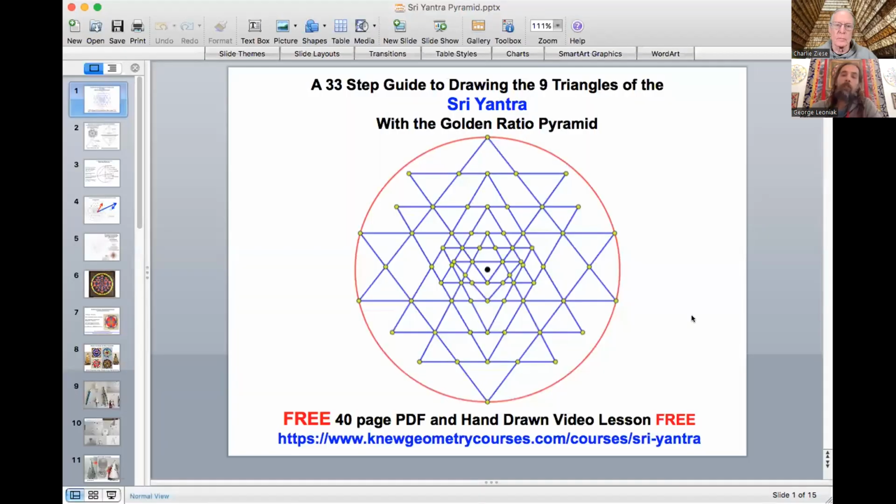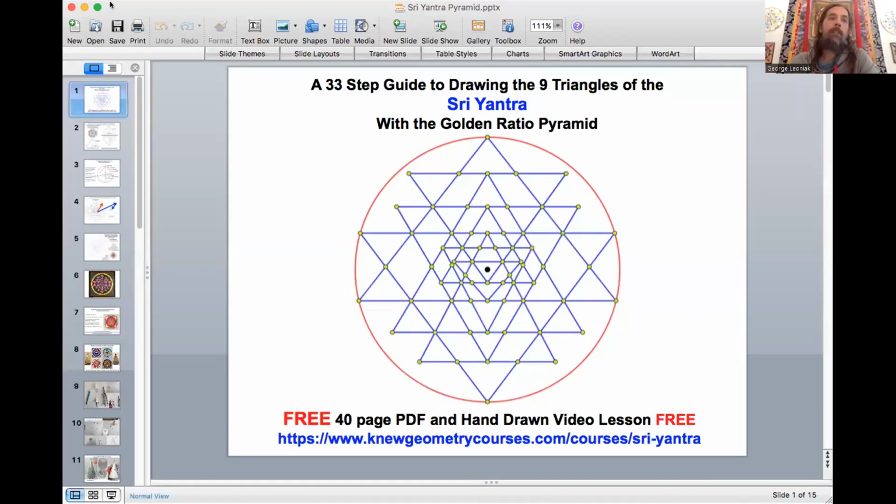Now, this discovery, I can't take full credit for. It's really part of Patrick Flanagan's work, that he had a PDF, which I'll describe in just a moment. But I want to put this out here first, just to let you know that there's a method I have created to draw Patrick Flanagan's method of drawing these 9 interlocked triangles in a very, very precise way.